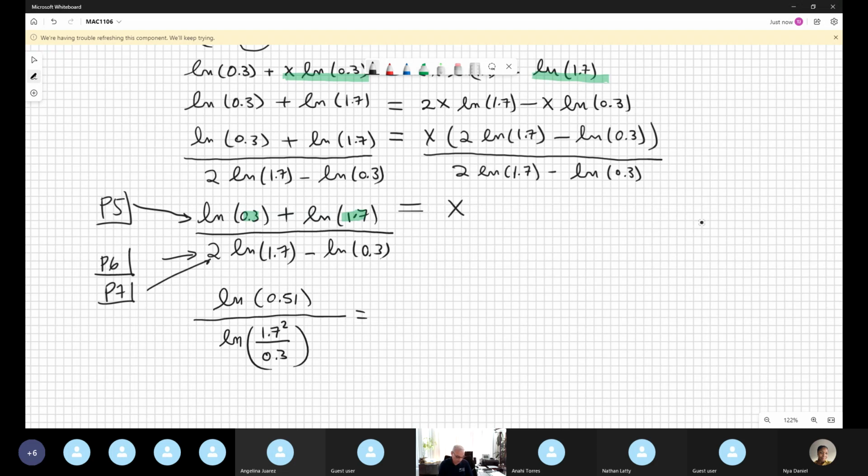And the answer is, let me try to do my best, logarithm of 0.51 divided by logarithm of 9.63 repeated. This is the answer.